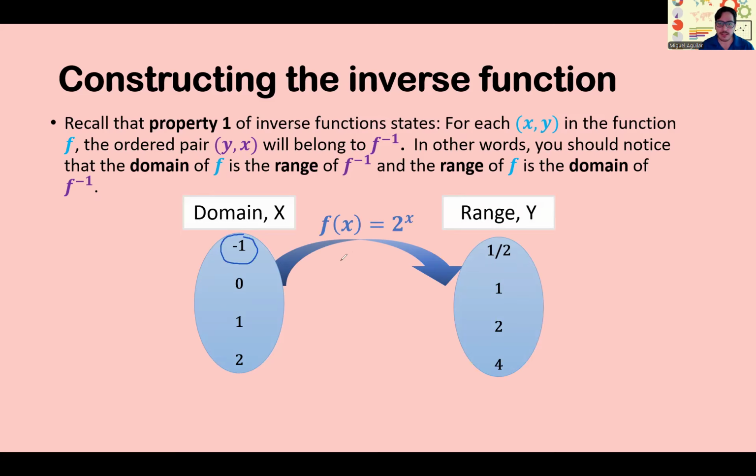And so if I plug in 2 to the -1 power, yesterday we introduced this negative exponent rule, which said if we have a negative exponent, we'll flip this to a fraction, 1/2, and then we'll apply the 1 power. And so that's how we're getting this y value here. With this one, if we take 2 to the 0 power, that's going to equal 1, and that's how we're getting this value here.